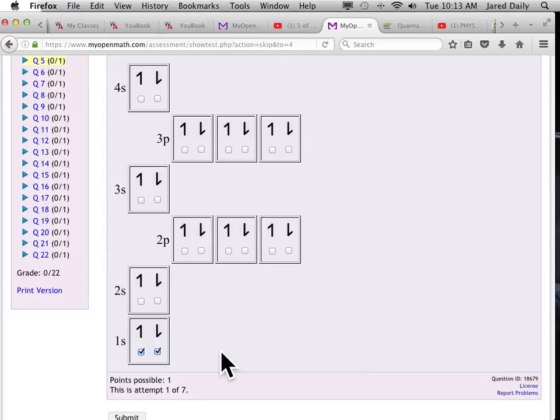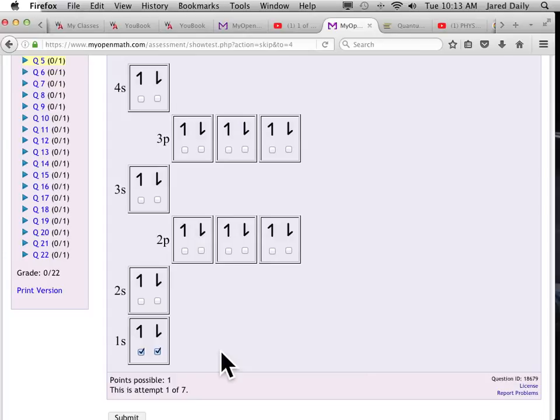For S equals 1/2, how many m sub S states do we have? M sub S can equal 1/2, or m sub S can equal -1/2. Right? So right here, at the n equals 2 state, how many states do we have? 2. This is a different state than this one, right? So this is a tree diagram where this state splits into 2. So this is 2 states possible here.